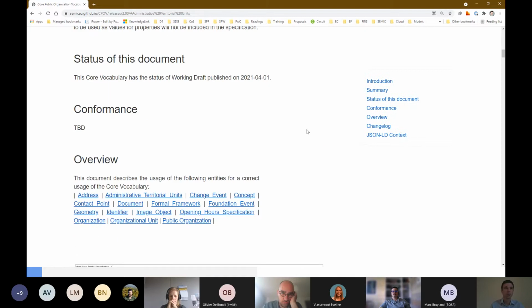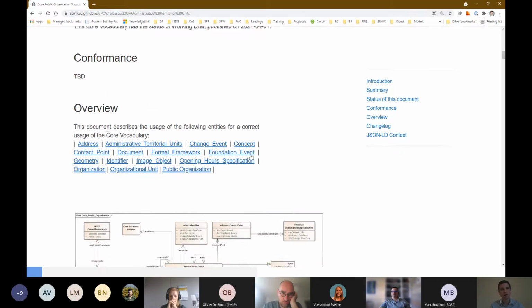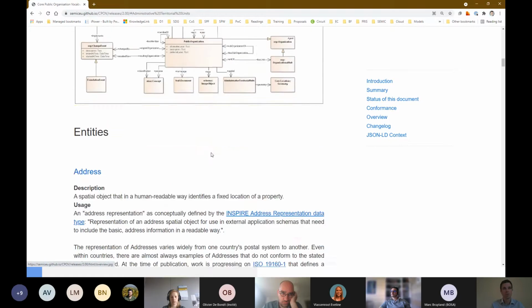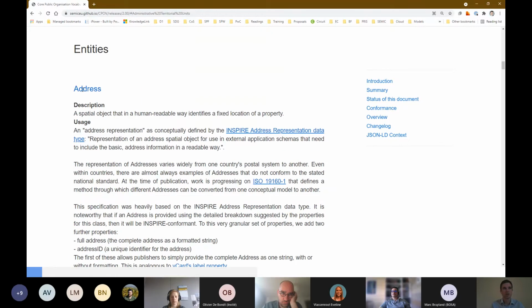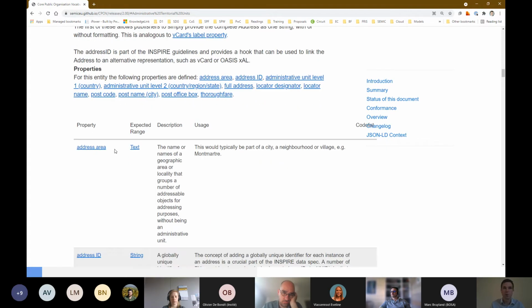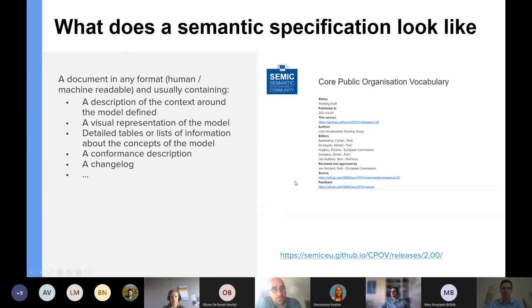You can find some metadata about the document, and then, more related to the content of a data model, you can find a UML class diagram or a class diagram in general, and specific information about each piece of information within the model, with a description, how to use it, the related attributes that this concept has, etc. But the idea today is not to give you a crash course of modeling, but just to give you an idea of what we are trying to achieve here.